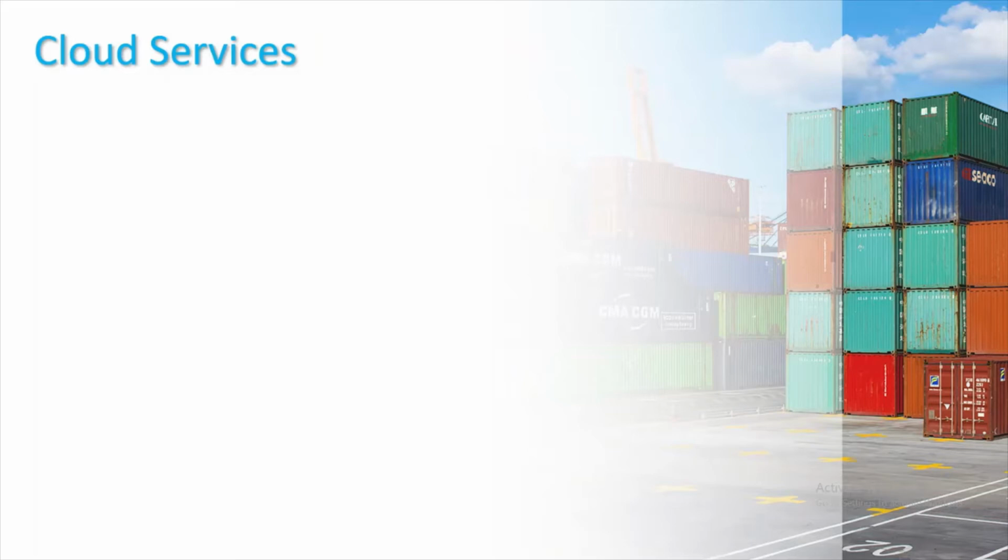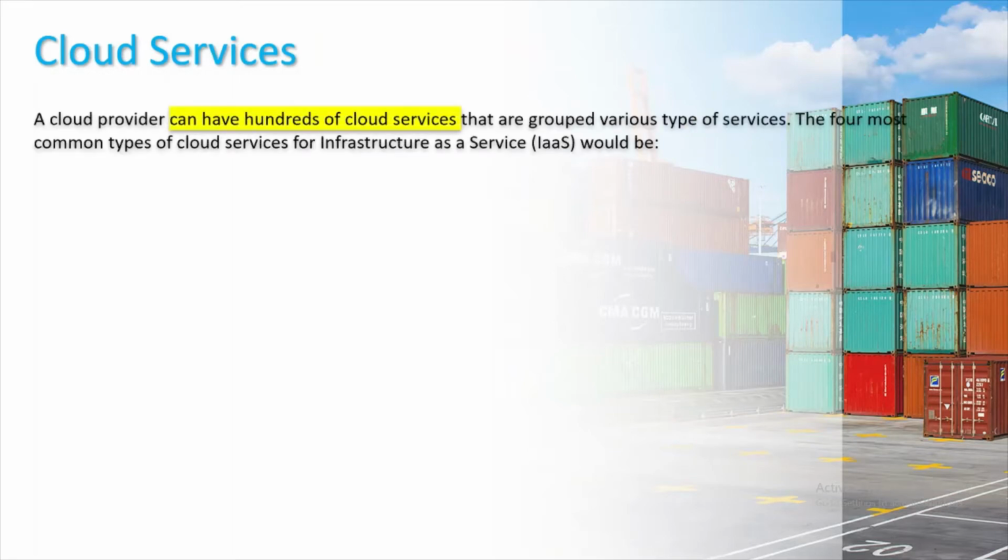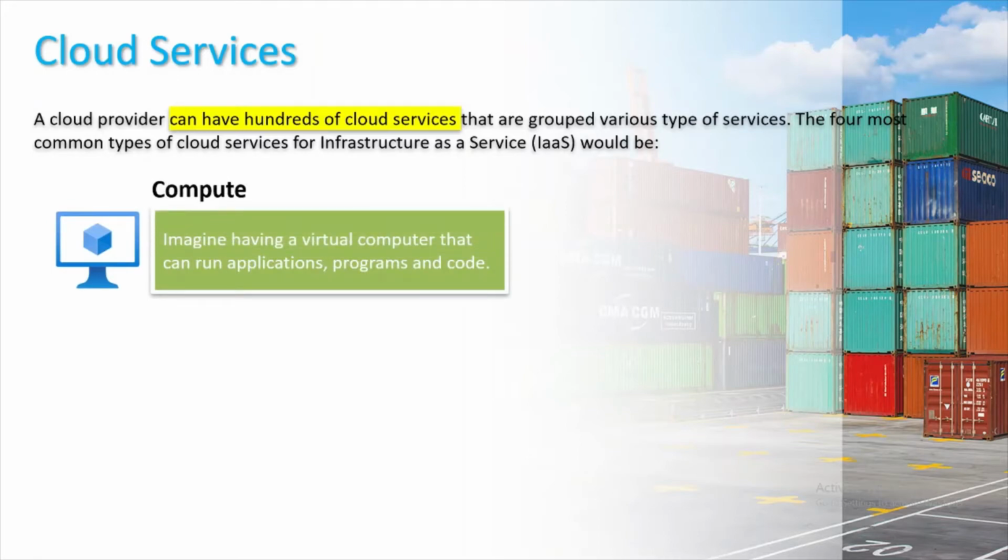They are doing the same thing, but the core thing they provide us is infrastructure as a service capacity. A cloud has hundreds and thousands of services, but the four most common services that infrastructure as a service would need start with compute first. So imagine you have a virtual computer that can run applications, programs and code of other people.